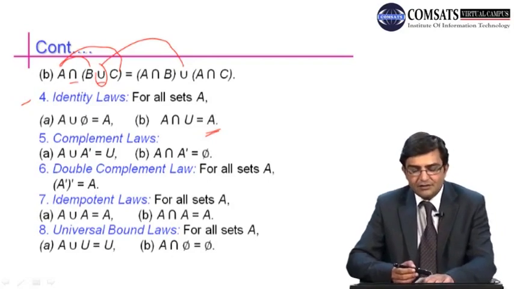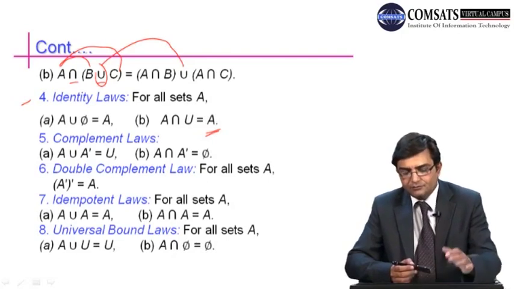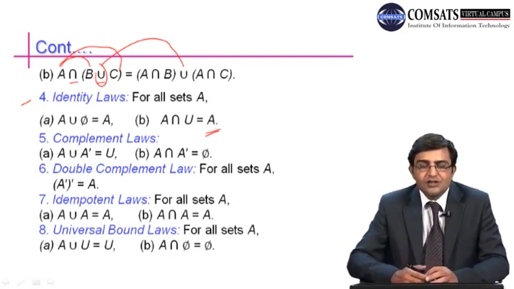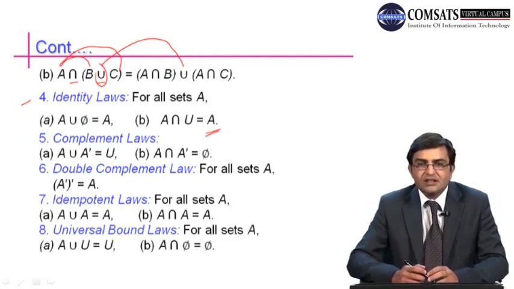Similarly, if we take the intersection of A with the universal set, we have the same set A. There is no change in the original set A. Therefore these laws are called identity laws.